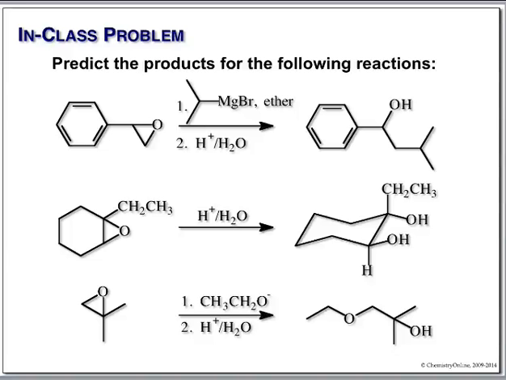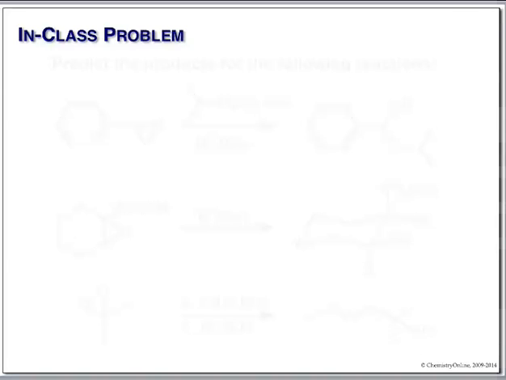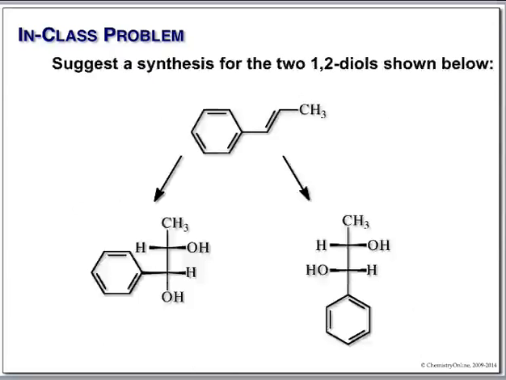All right, let's do a very sophisticated problem based on the stereochemistry of our addition. All right, are you ready? If we take this trans alkene, we can react it to make 2 diols. Now we know 2 ways to make 1,2-diols, don't we?